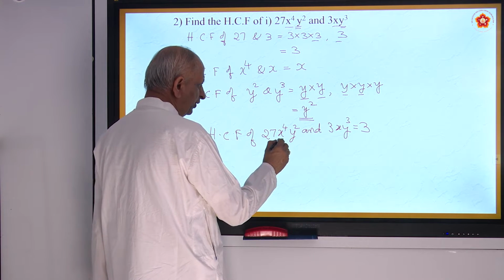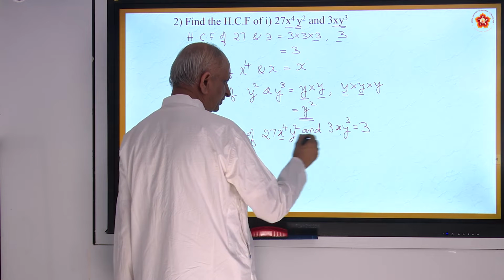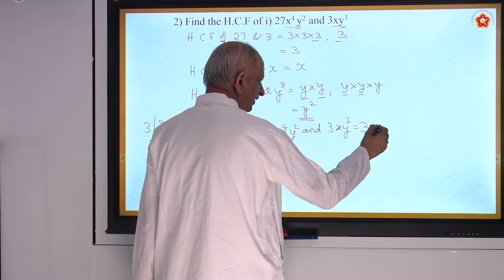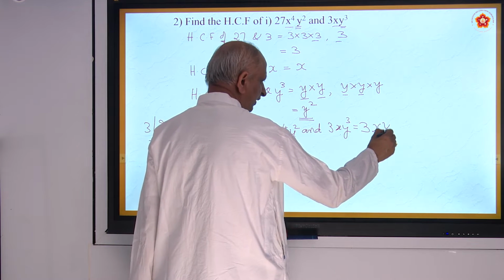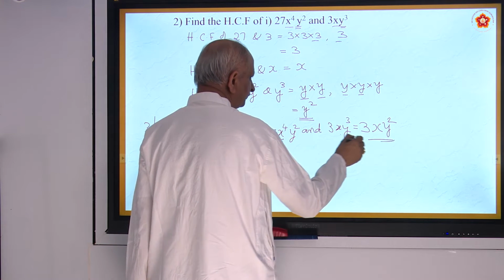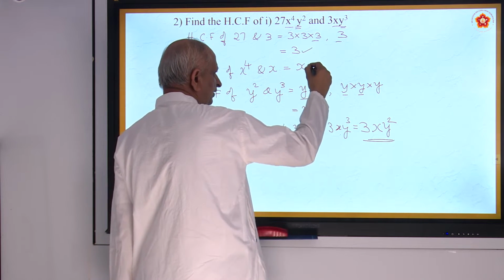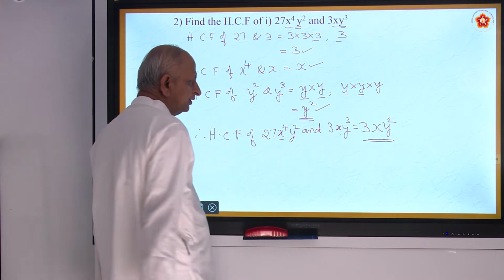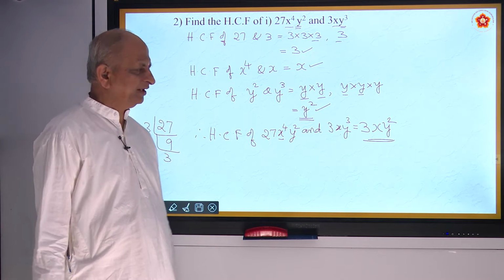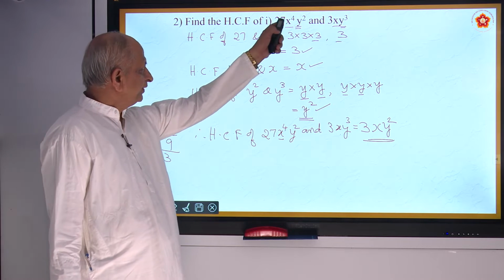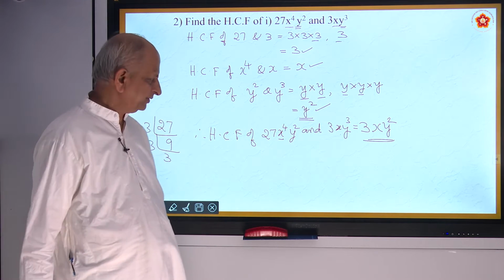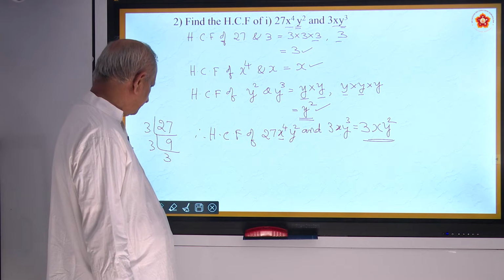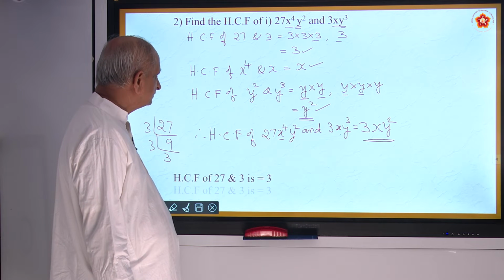In these two, x to the power of 4 and x, you must see the lowest power, that is x. For y squared and y cubed, the lowest power is y squared. That is the answer. So 3xy squared is the HCF of the two monomials. These are called monomials because only one term is there. Correct? Shall we go to the next sum?